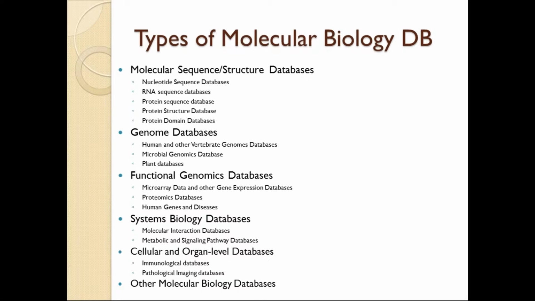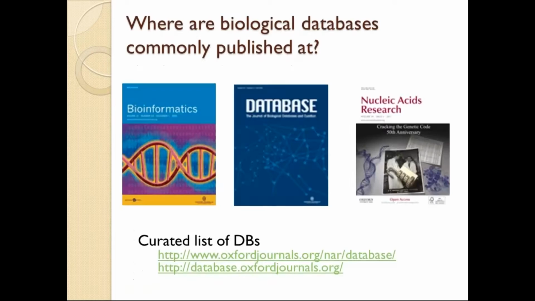And there are so many more different kinds of databases. And usually, if you go to these journals, Bioinformatics, Database, or Nucleic Acids Research, you'll see that these journals try to compile peer-reviewed and well-publicized resources. Some even have just occasional updates.